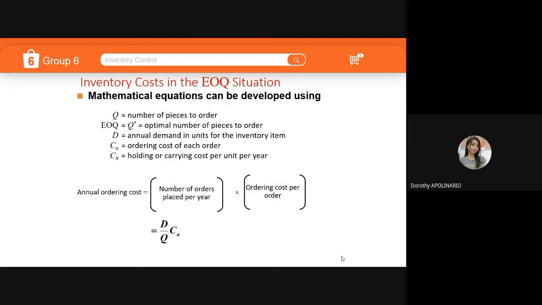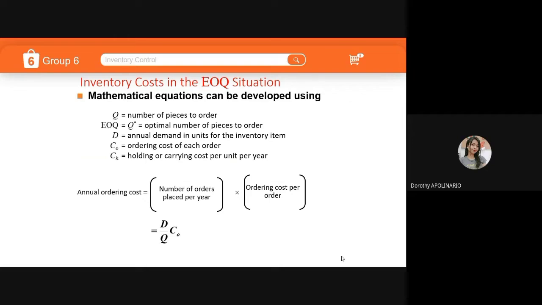So these are the mathematical equations and what they stand for. The letter Q stands for the number of pieces to order, and the EOQ, or Q asterisk, stands for the optimal number of pieces to order. D stands for annual demand in units for the inventory item.